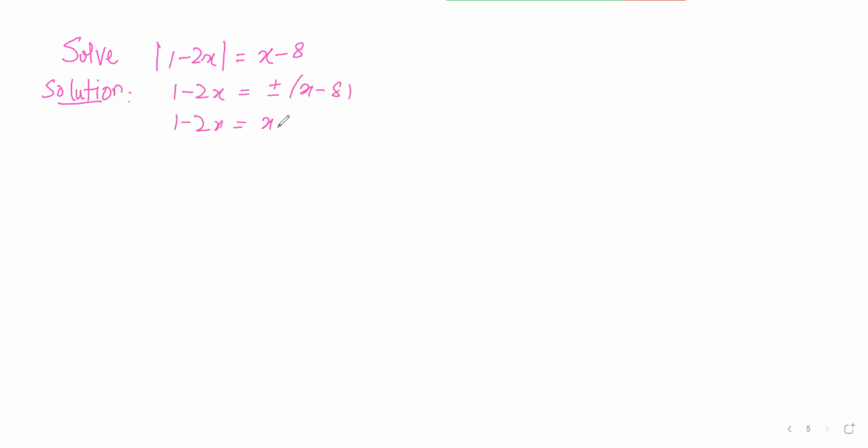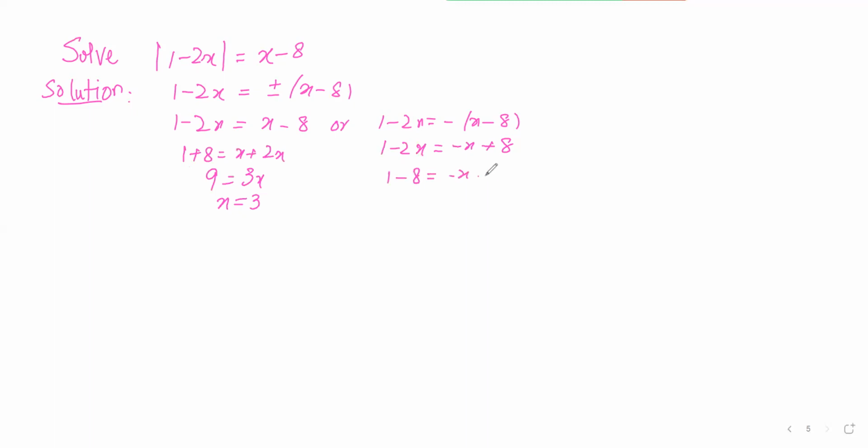One case is 1 minus 2x equals 8 minus x, so 1 plus 8 equals x plus 2x, 9 equals 3x, x equals 3. The other is 1 minus 2x equals minus x plus 8, so 1 minus 8 equals minus x plus 2x, and minus 7 equals x.